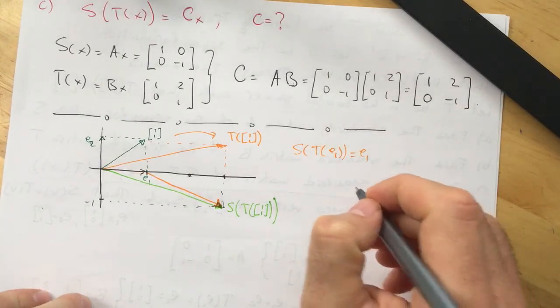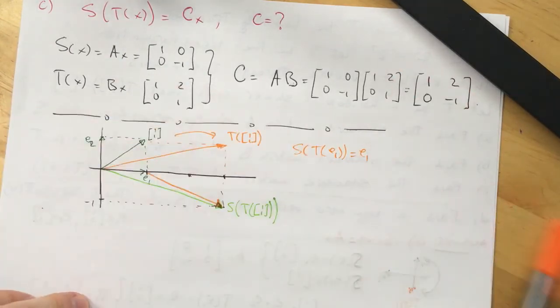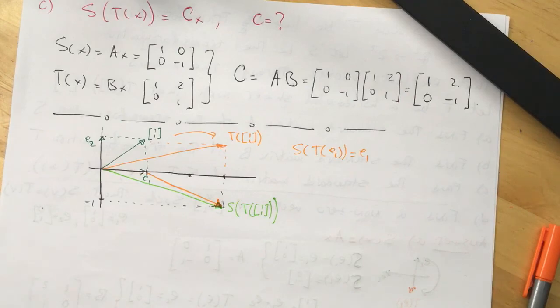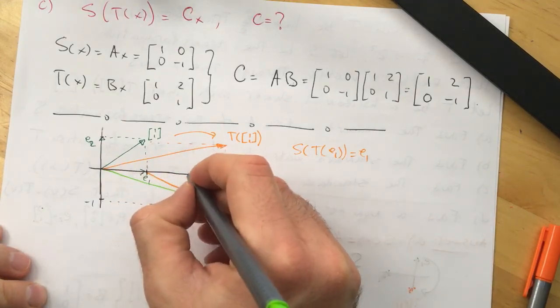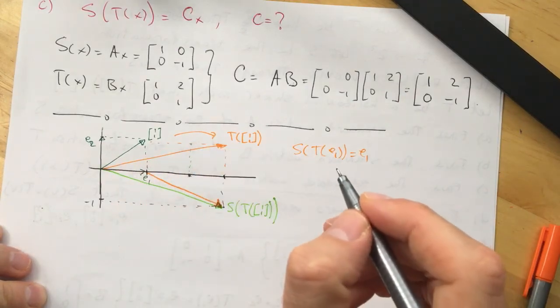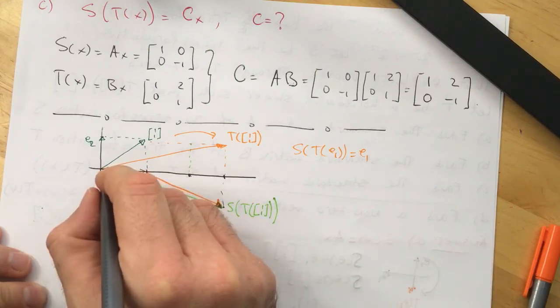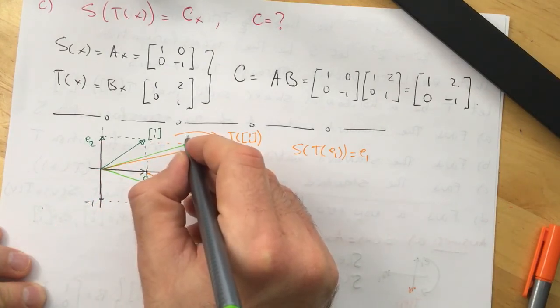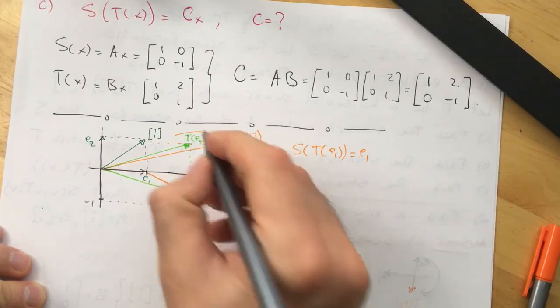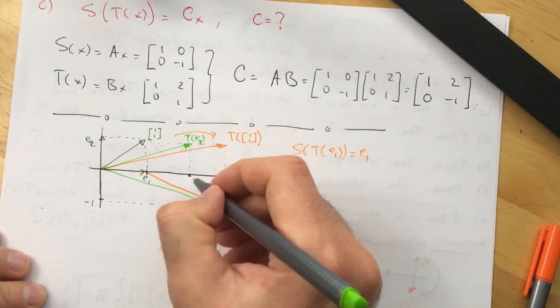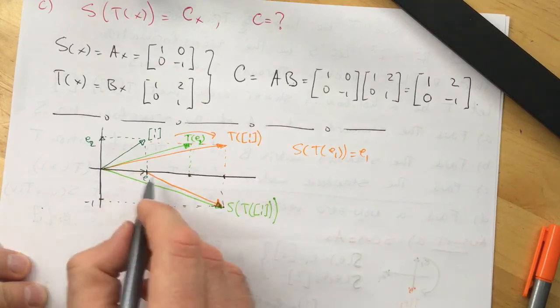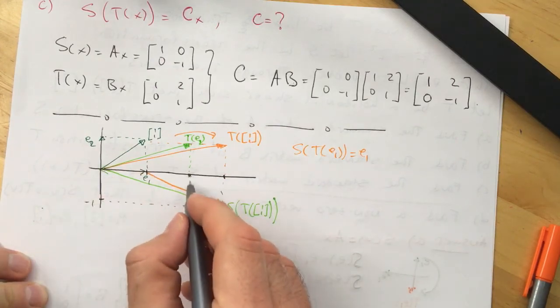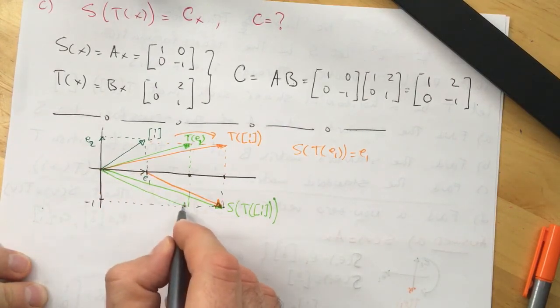Okay. And then E2, from the previous example, we saw that it landed at (2, 1). So this is T of E2, my bad. Reflected over the x-axis, we get this vector right here.